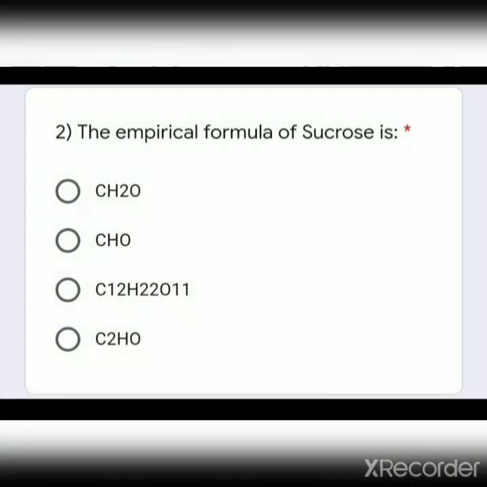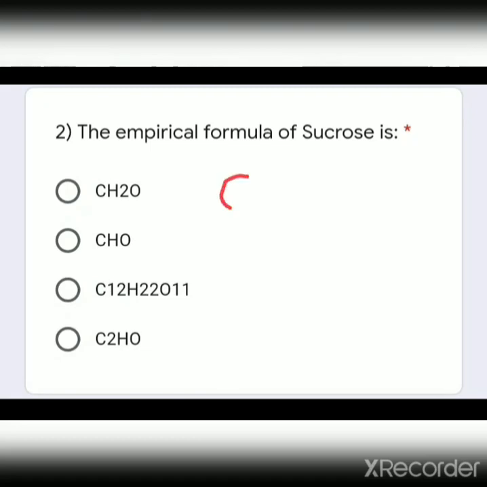Second question. The empirical formula of sucrose is, from the 4 options given here, you have to select the correct option for the empirical formula of sucrose. Before going into the empirical formula for any compound, you must know its molecular formula. What is the molecular formula for sucrose?